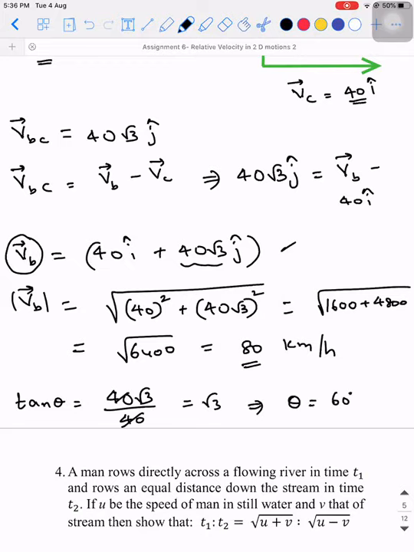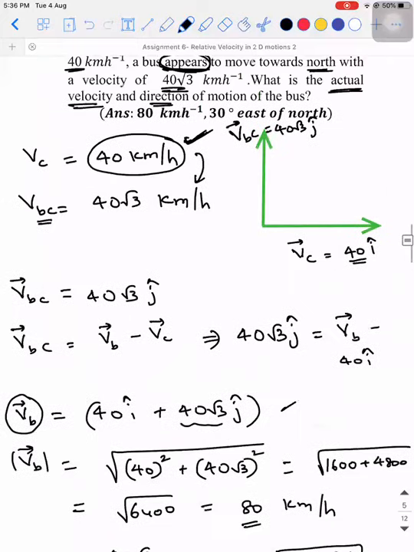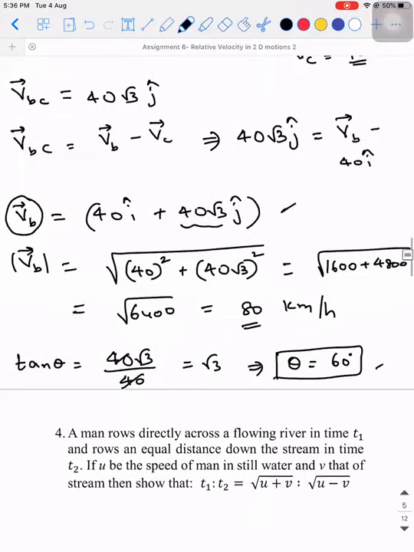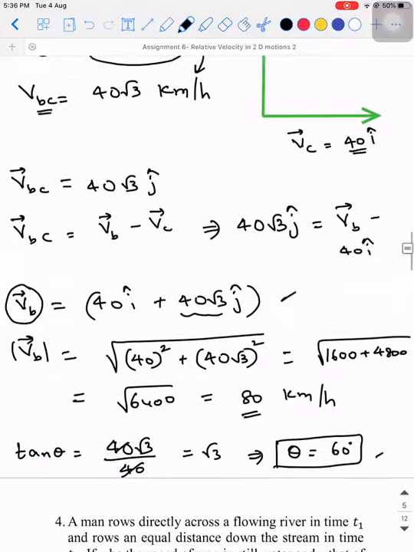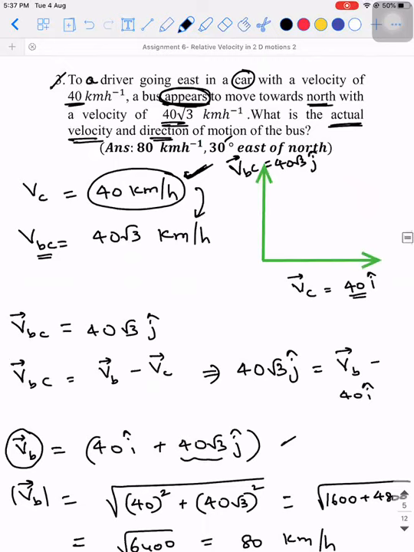Theta is 60 degrees. Just because I got the answer as 60 and here it is given as 30, nothing is wrong. It is right only. After you get the direction, what did I say? The 60 degrees is made with respect to whom? With respect to the car. Since in this question it is given in terms of east and north, what you need to say is the bus is moving at an angle of 60 degrees due east.